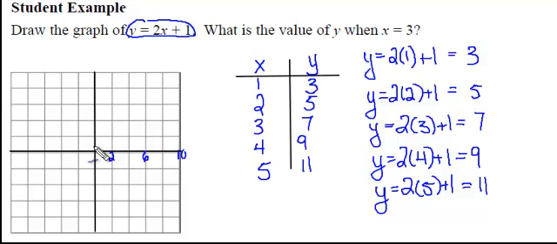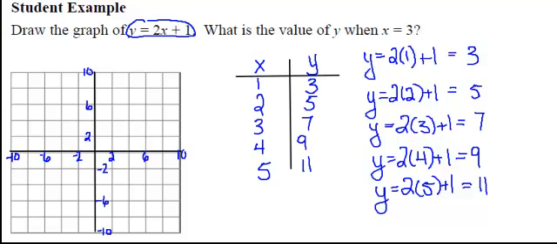Same thing going up. 2, 4, 6, 8, and 10. Going down, negative 2, negative 4, negative 6, negative 8, and negative 10. Going this way, negative 2, negative 4, negative 6, negative 8, and negative 10.